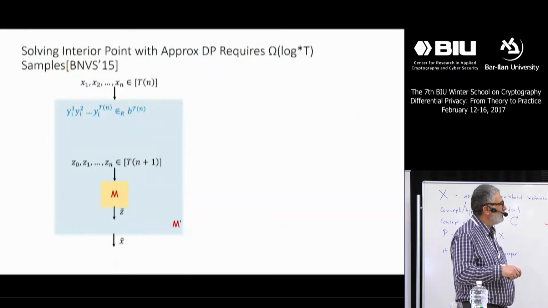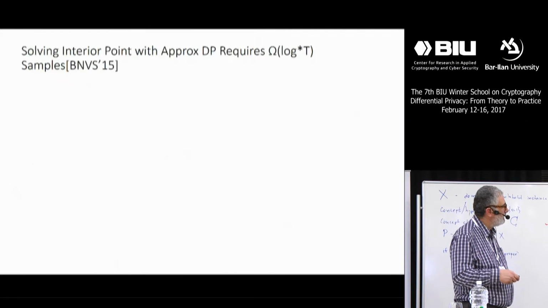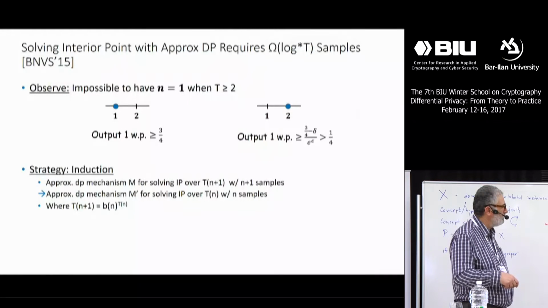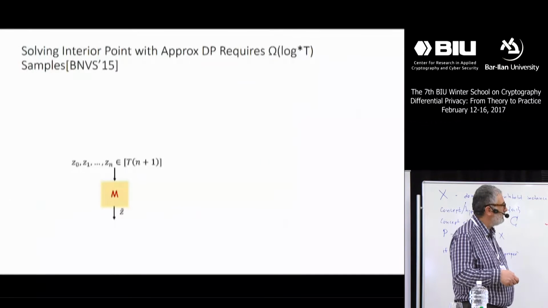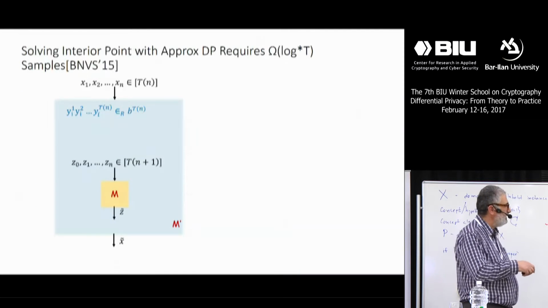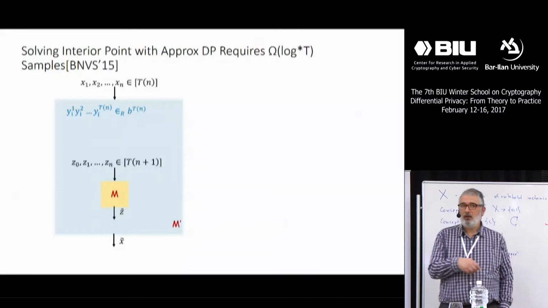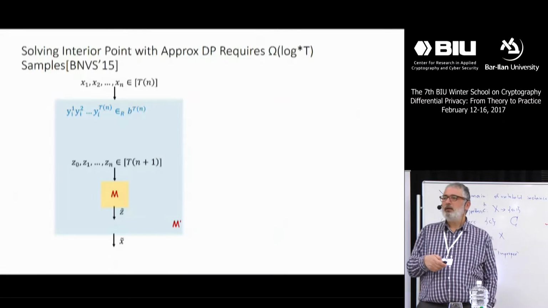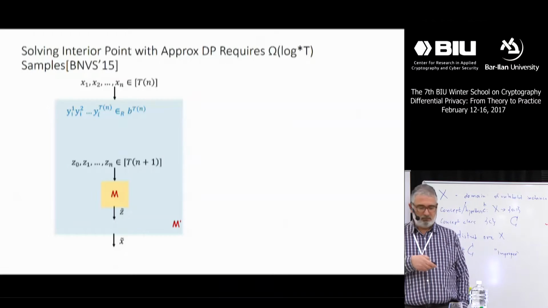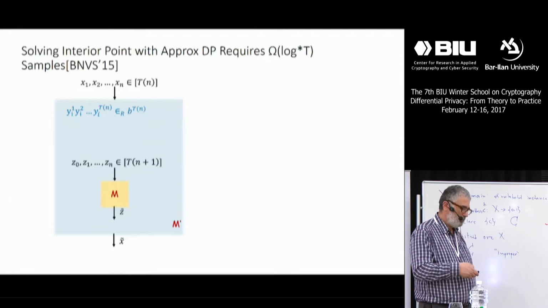So this is a number. Each digit here is from the basis B, and we have t digits, so it's a number in a domain of this size. And remember that this is exactly what t of n plus 1 is. So in particular, we could put this number as input to the mechanism M. Numbers of this length are good inputs for the mechanism M.